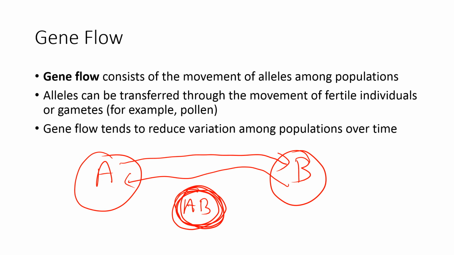As you have alleles moving between these two populations, they become so mixed they resemble one another. They look the same over time if you have gene flow. That's what's meant by reducing variation.